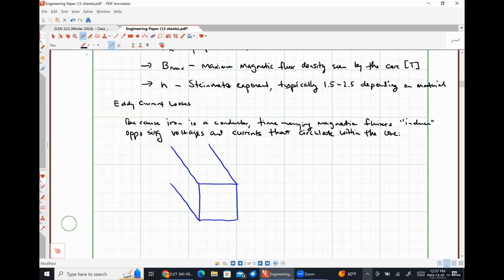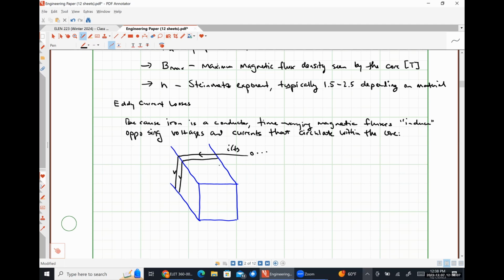And then as per usual, I'm going to wrap a wire around it. So let's say that I have a wire wrapped around it in this direction, and the arrow is indicating the direction that my current is flowing.